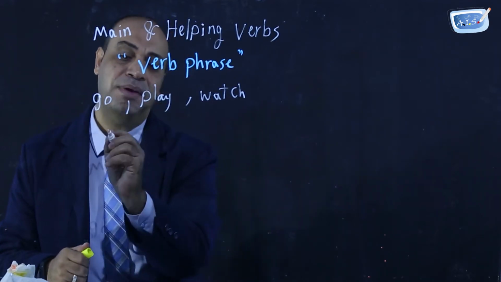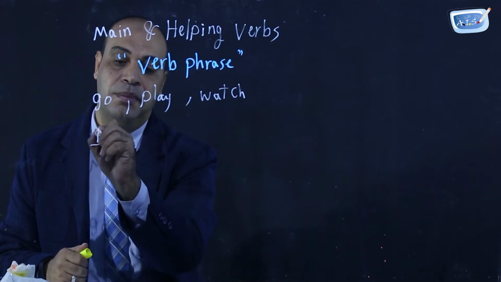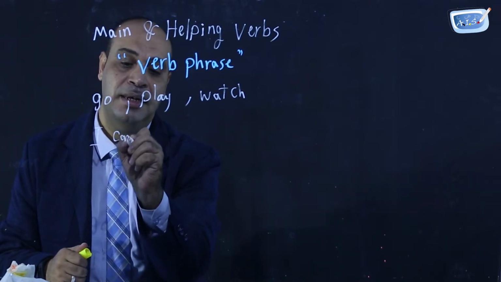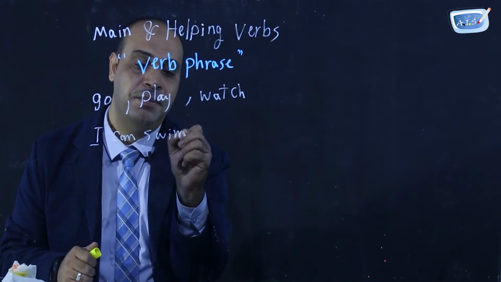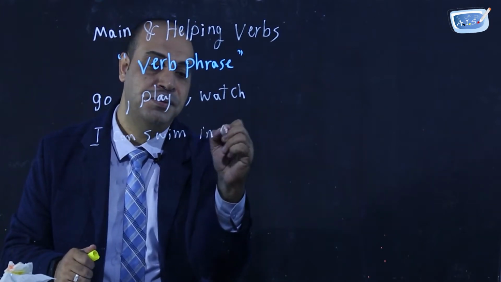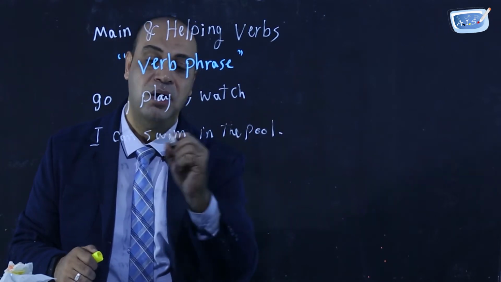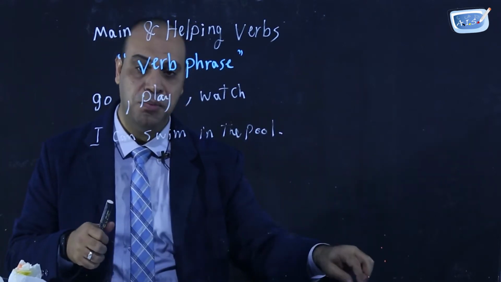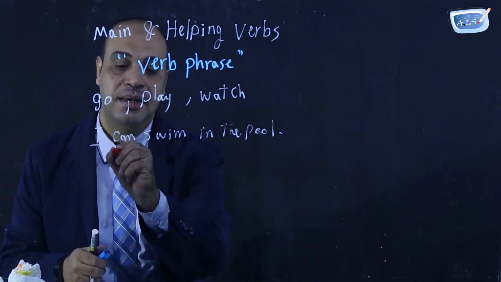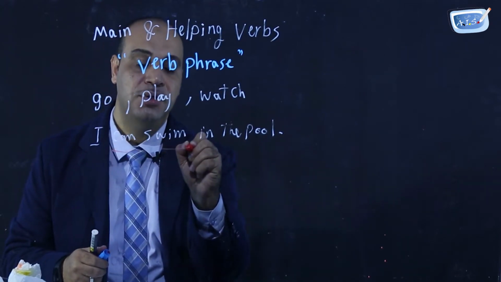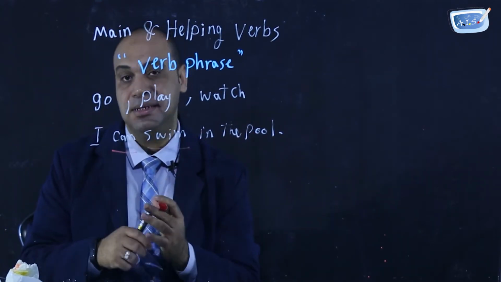For example, if I say, I can swim in the pool. So I can swim. The words here are can and swim. We have two words consisting of the verb.